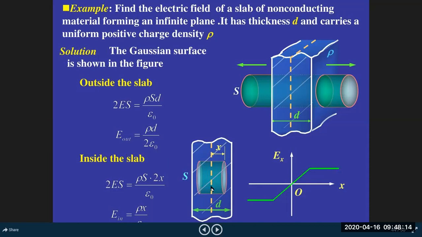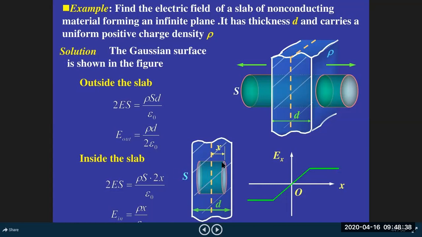When we come inside, then inside the slab we have to take a Gaussian surface, just like a pillbox. So this is a cylinder. The same formula has to be applied here. Total electric flux through this side and this side is 2 into E into S equal to rho S into 2x.